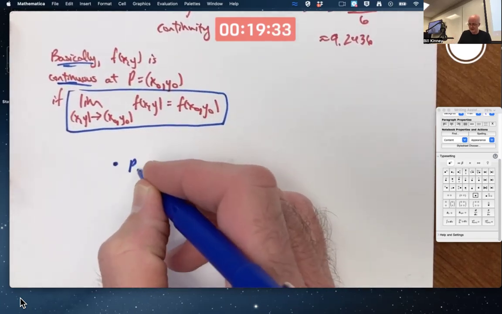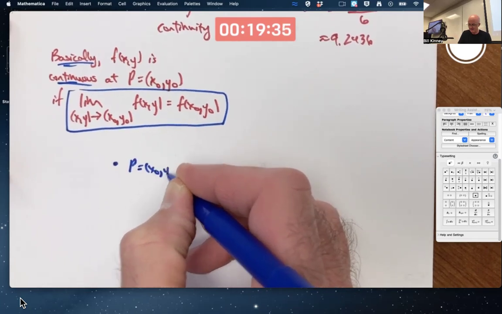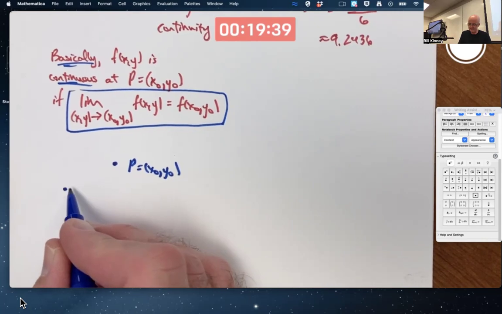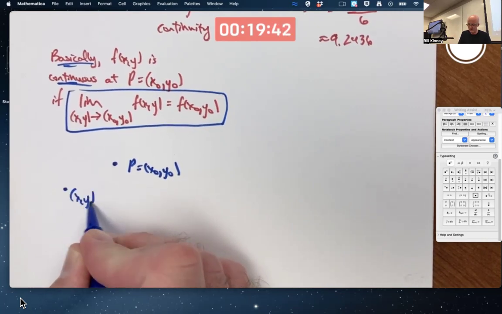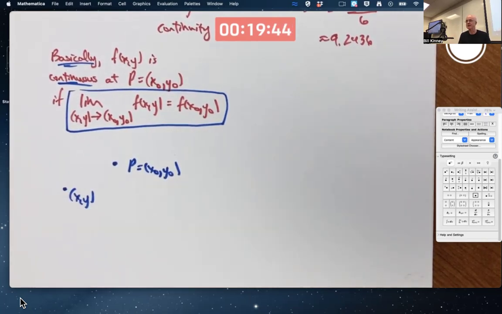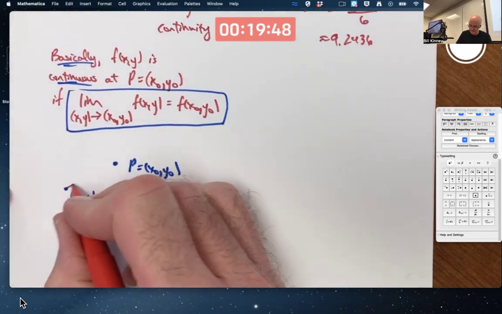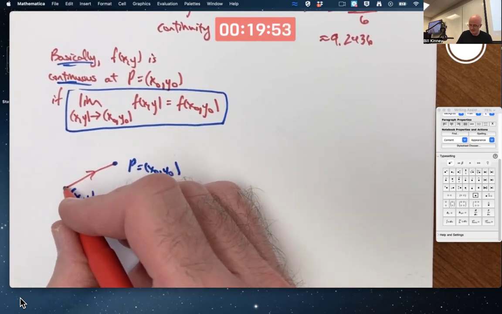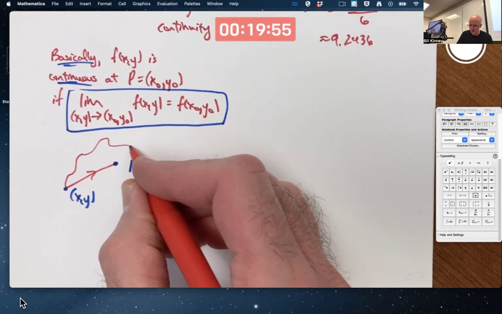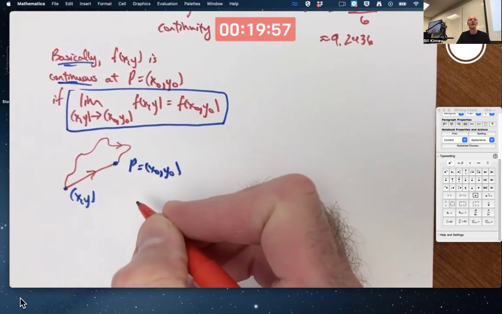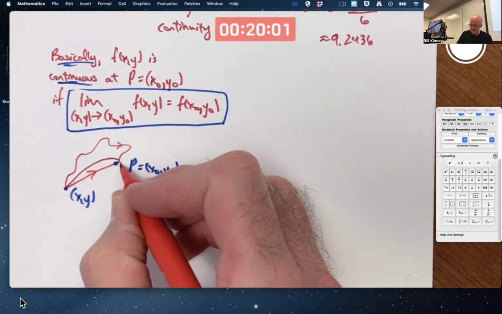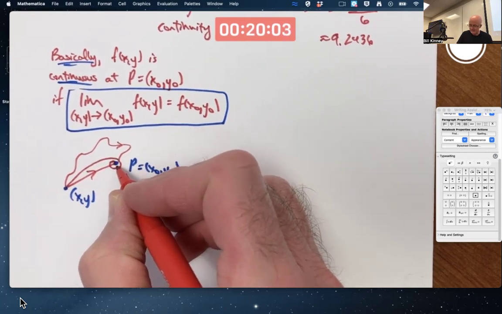If the point P is right there, what does it mean to let your arbitrary point x y approach P? Does it mean approach it along a straight line? Or can it mean maybe approach it along some wavy curve? Or can it mean approach it maybe even along some spiral? Wouldn't that be fun?